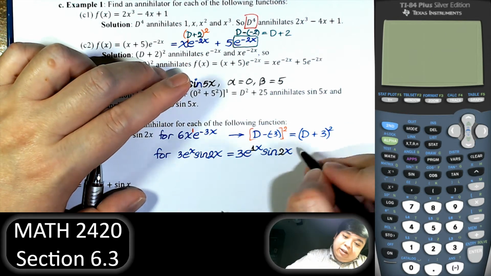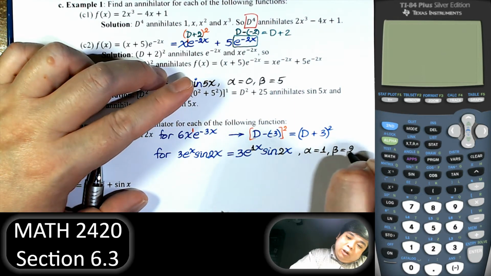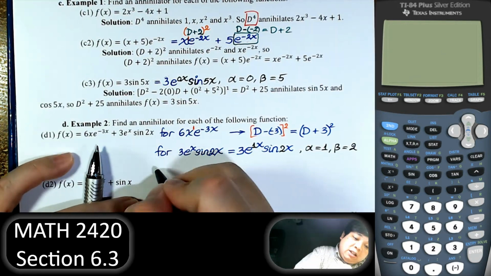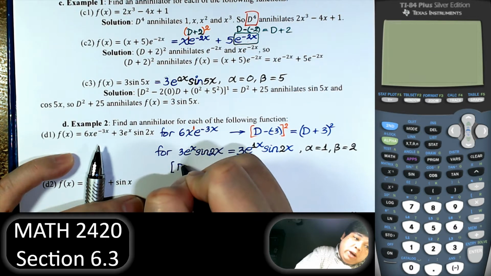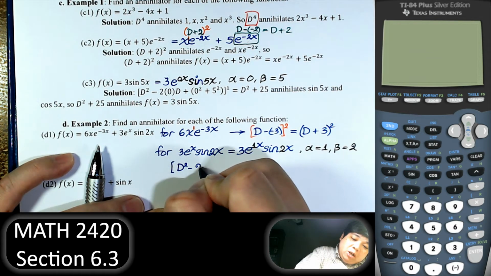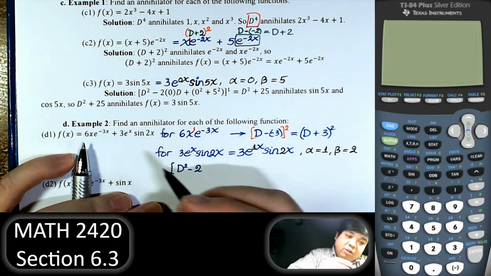So we have alpha equal to 1, beta equal to 2, and the annihilator for that is d² − 2α d + α² + β². Just write it in the form first.